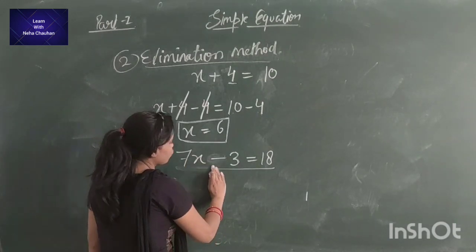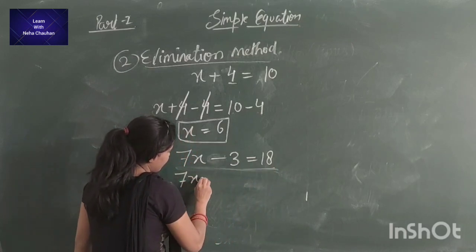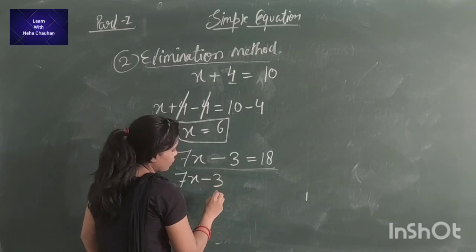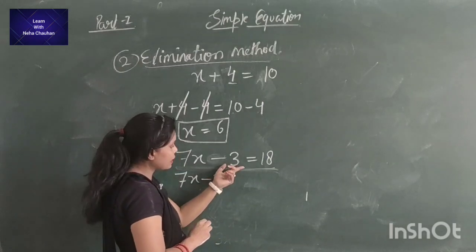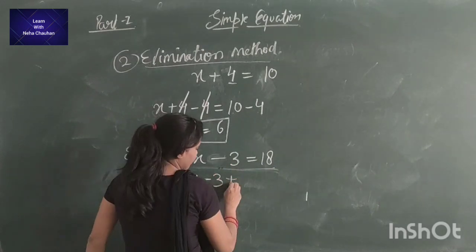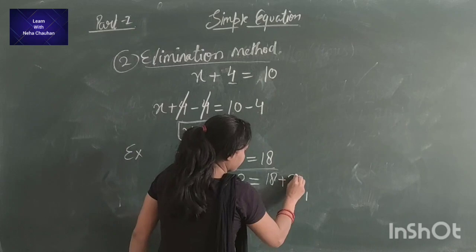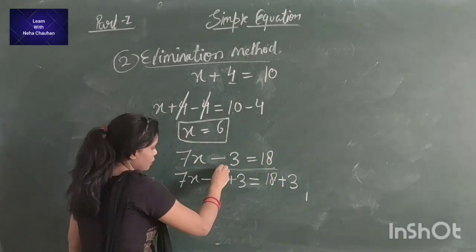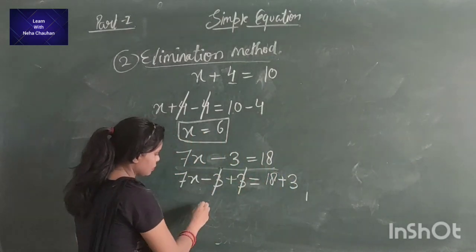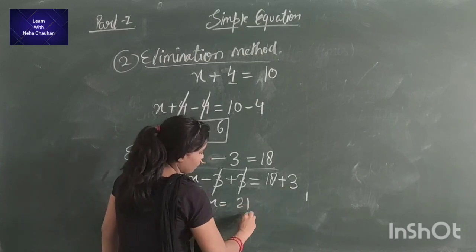So first we have to eliminate 3 from here. 7x minus 3. So for eliminating 3 we need to add 3 to both sides. Okay, 3 and 3 got cancelled. We will get 7x is equal to 21.